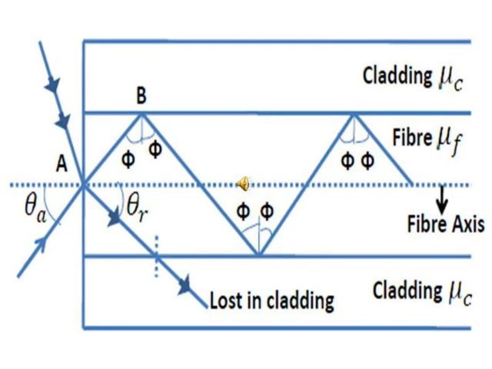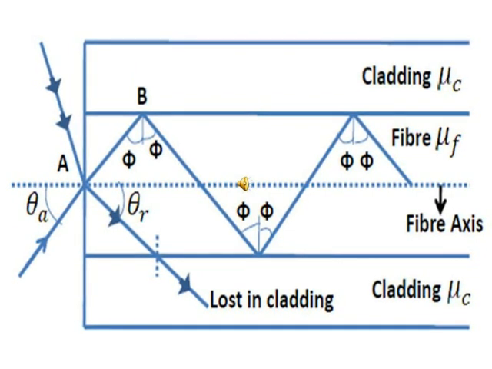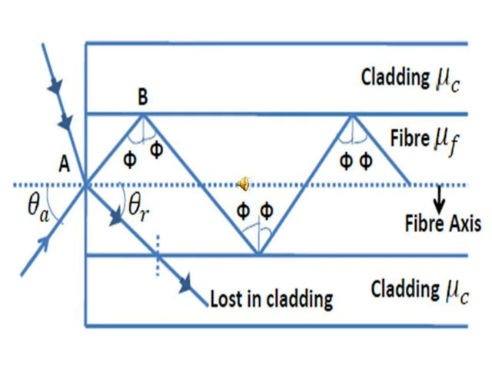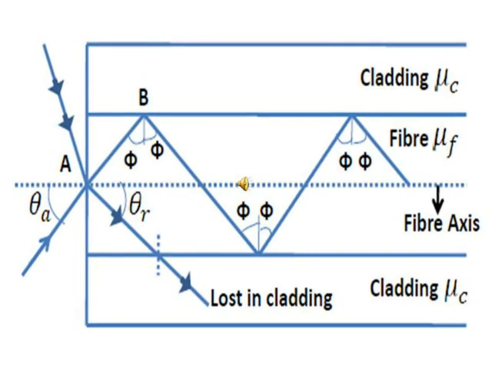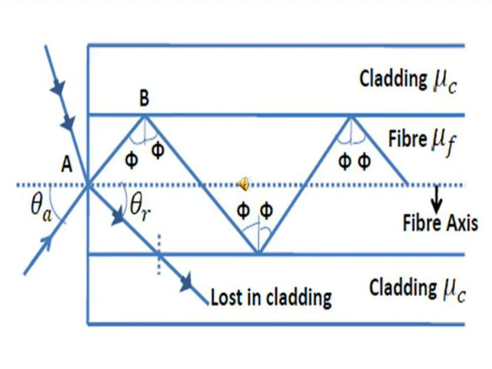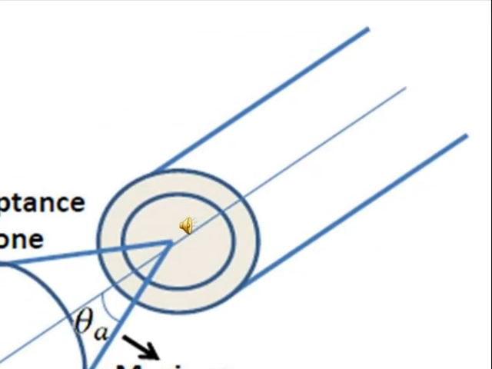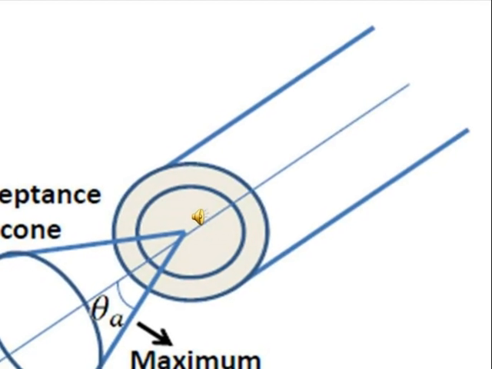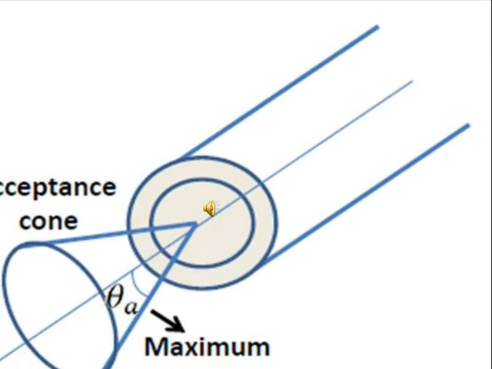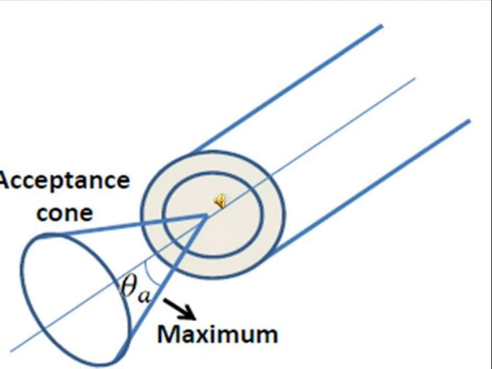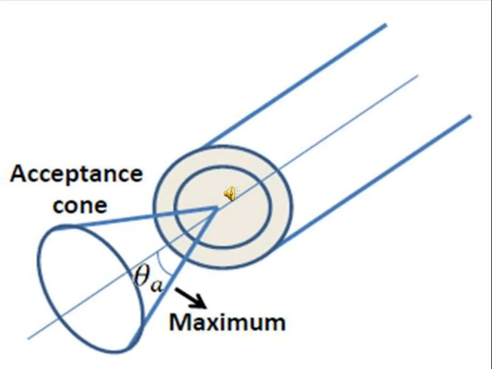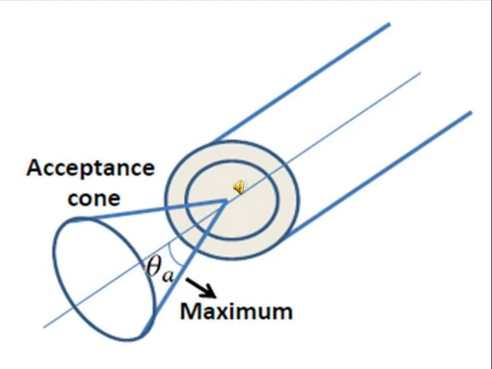The angle theta A is the angle accepted by the fiber core for total internal reflection to occur. Now we will define the angle of acceptance. The angle of acceptance, or the cone of acceptance, is the cone for which the beam will suffer total internal reflection within the optical fiber.